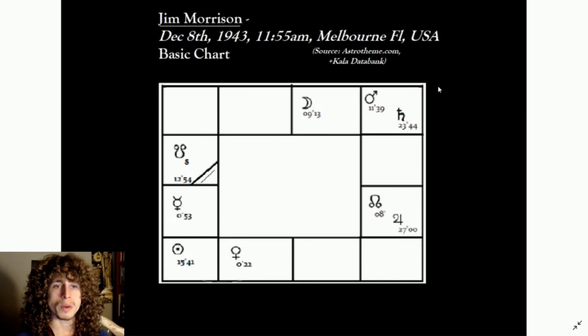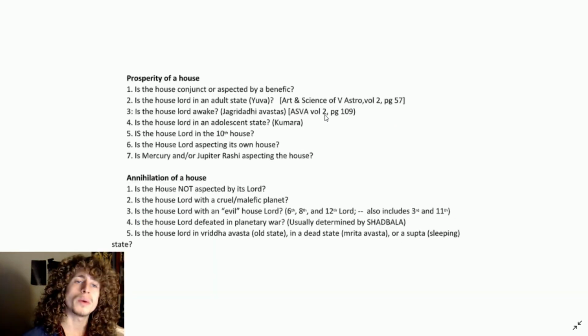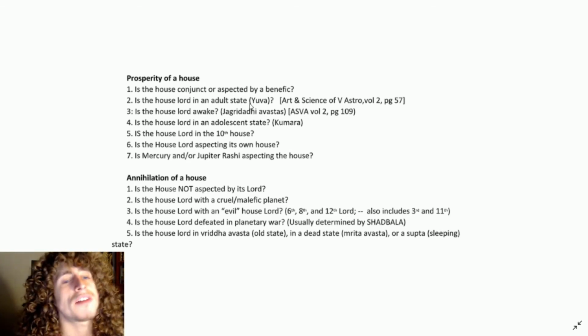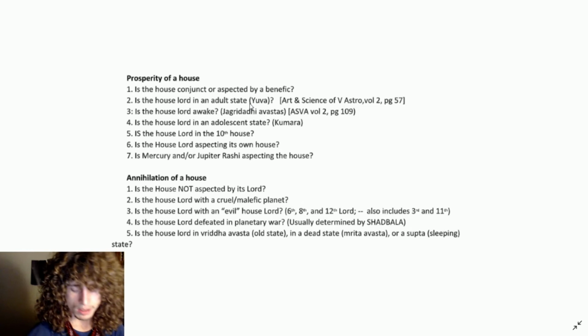A full moon is when the moon is opposite the sun. So we can see that this moon is just behind the seventh from the sun, so it's considered a very benefic moon. So we would say that the fourth house does have a benefic in it.